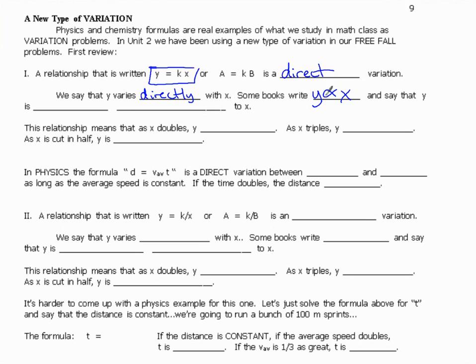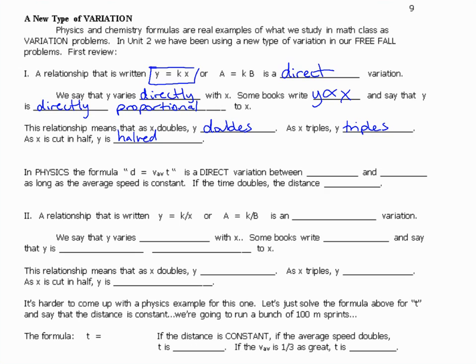And this symbol here is a lowercase alpha, the Greek letter for a. And we would say that y is directly proportional to x. This relationship means that as x doubles, y doubles. As x triples, y triples. As x is cut in half, y is halved.